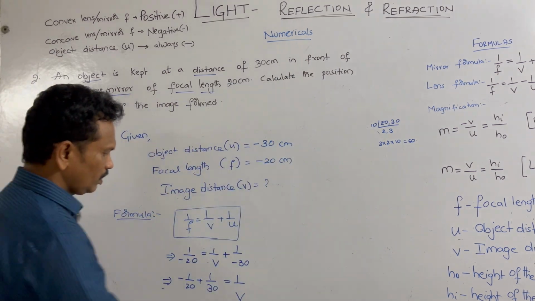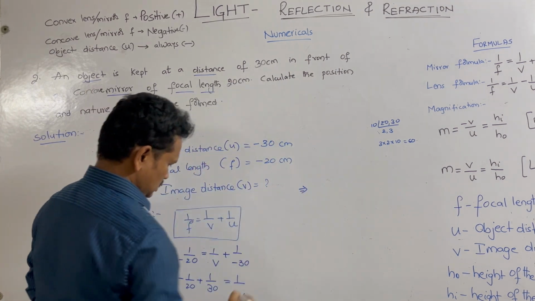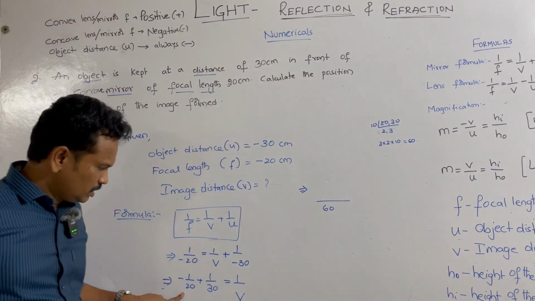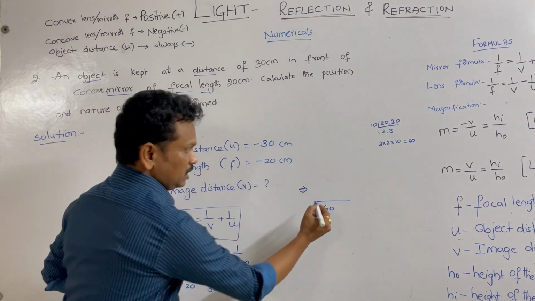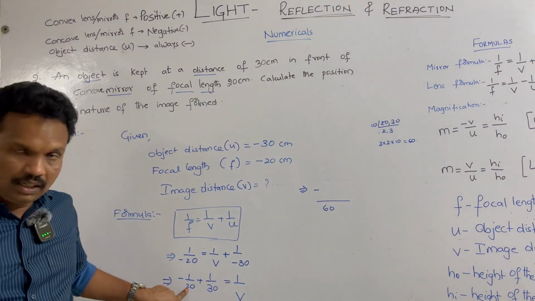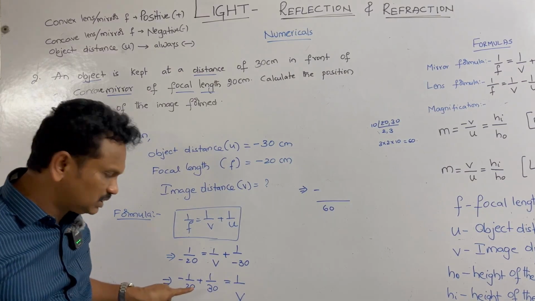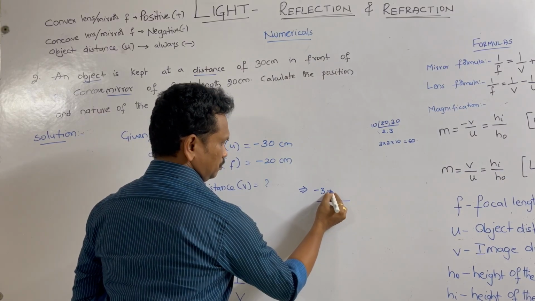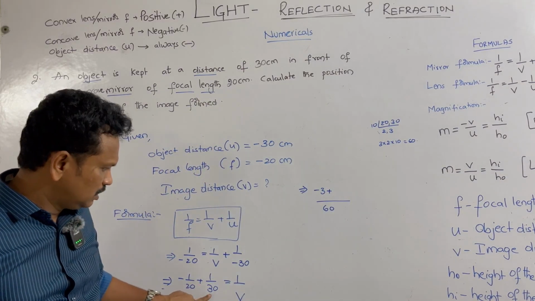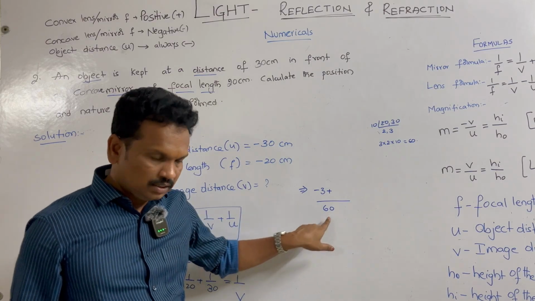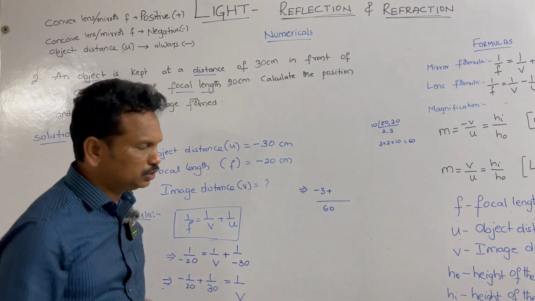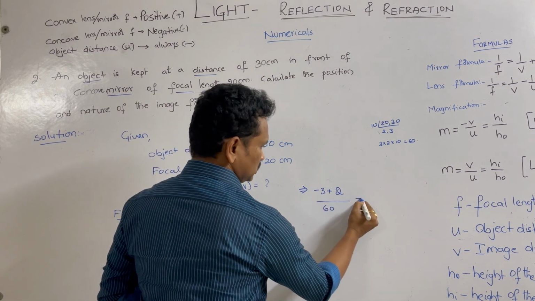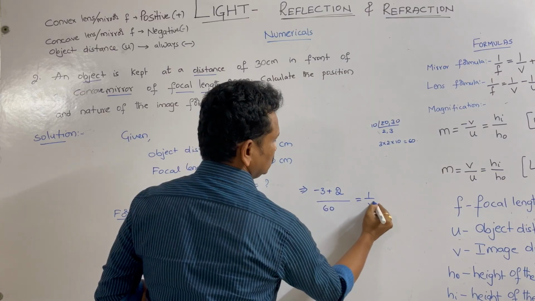Now, LCM 60. Here the minus symbol is there. Keep it, minus 20, 60, how many times? 3 times. 3 into 1, 3, plus as it is. 30 here, here 60. 30 and 60, how many times? 2 times. 2 into 1, 2, is equal to 1 by v as it is.